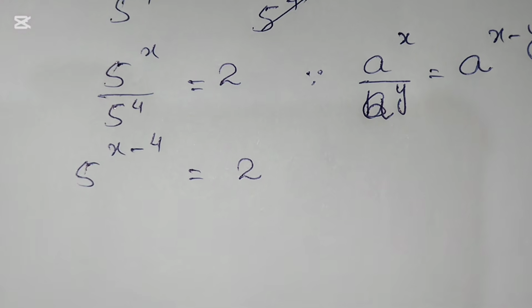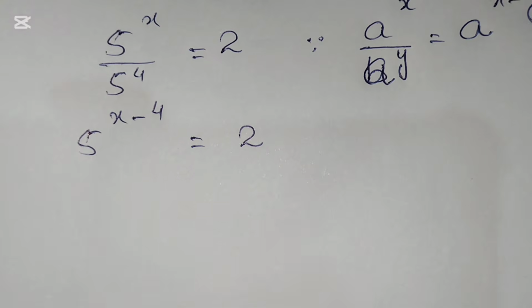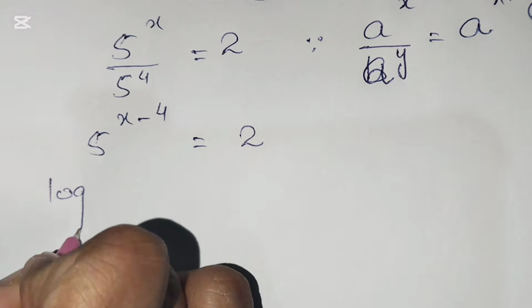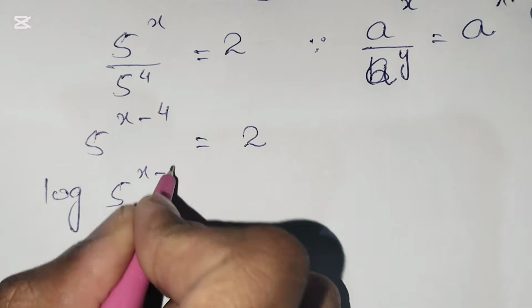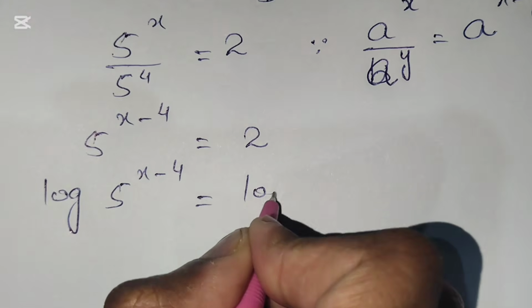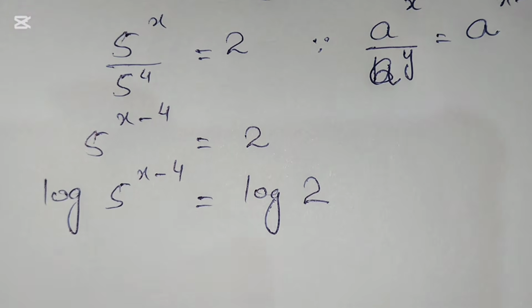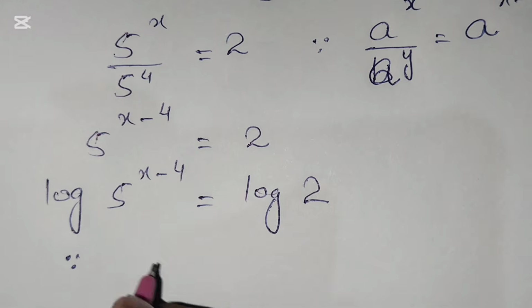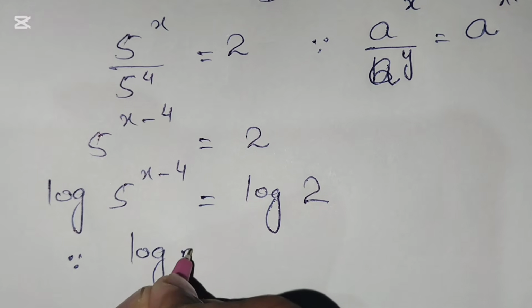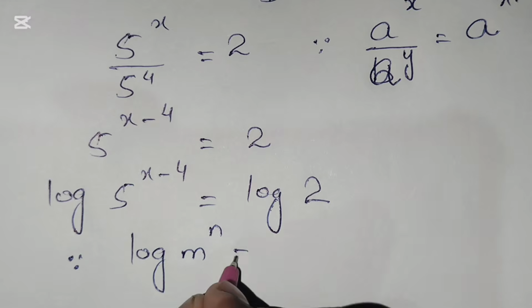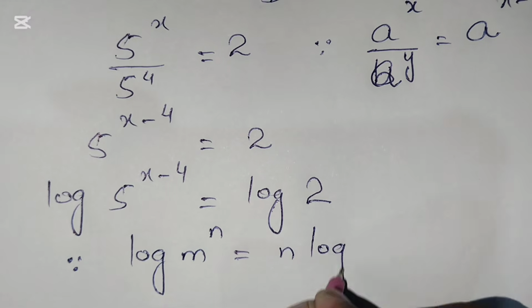Now we will take logarithm on both sides of the equation. Log of 5 power x minus 4 equals log of 2. Now for the left hand side we will use the formula log of m raised to the power n equals n times log of m.